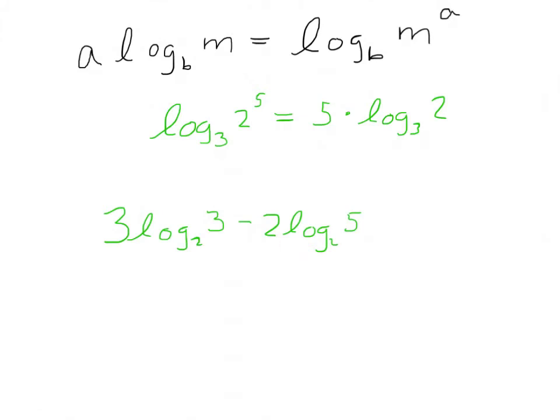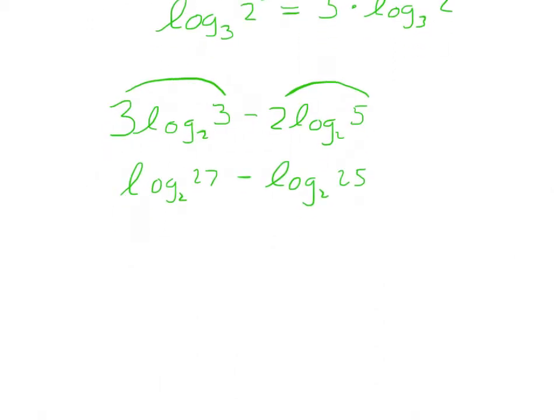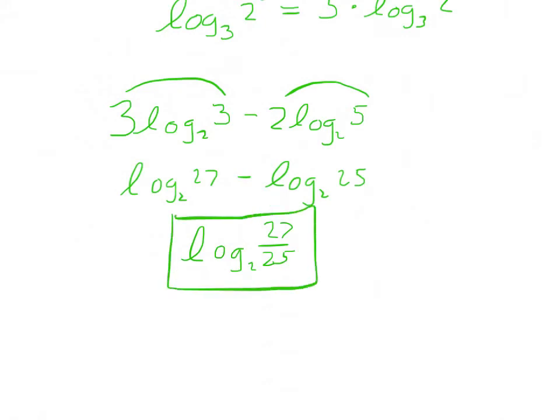So what you can do is you can bring these powers up and end up with the log base 2 of 27 minus the log base 2 of 25. And now, because there's nothing in front of those things, I can write this as 1 log, saying the log base 2 of 27 over 25. And that can be our simplified single logarithm answer. Okay?